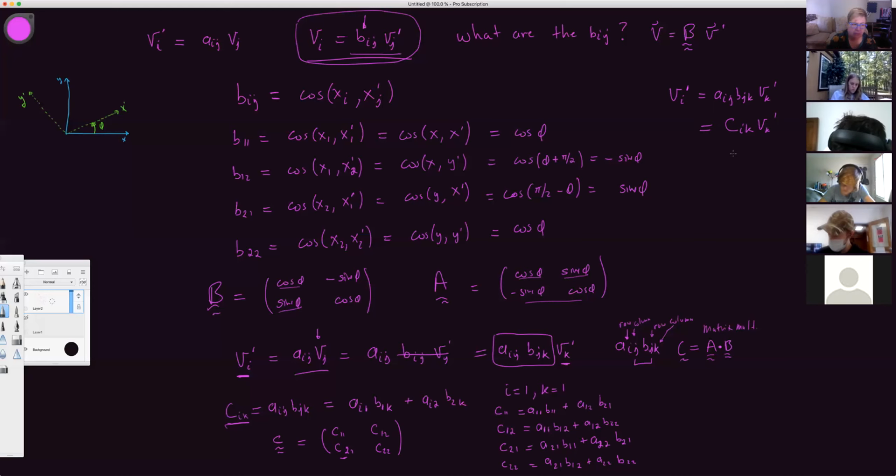Let's actually compute this. If you look at this equation, just by inspection, C better be the identity matrix. It better be delta_ik. Do you remember what this is? The Kronecker delta? Seen it before, in quantum at least. It's the component form of the identity matrix.